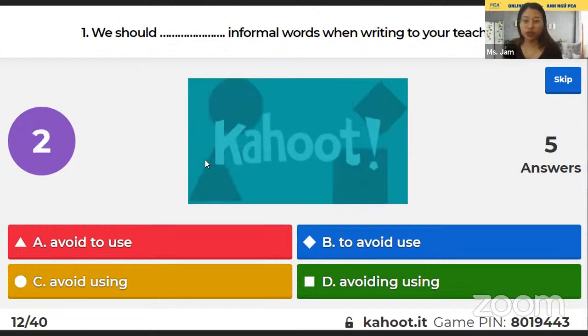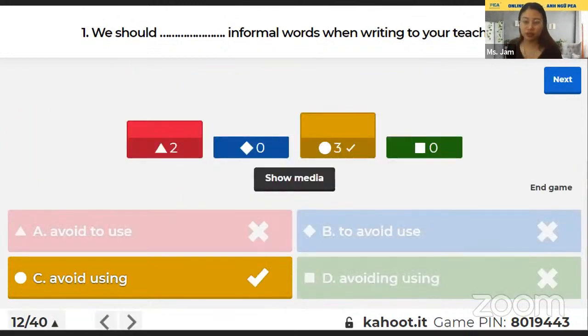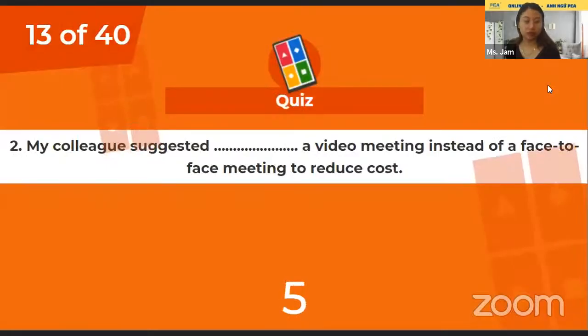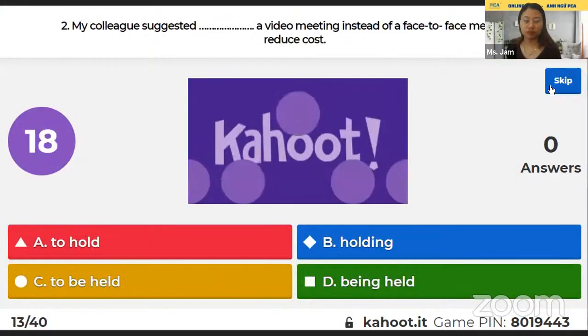Tauchi, if you cannot see, you can write the answer or send the answer to me, and I can answer for you. Okay, next one. My colleague suggested.